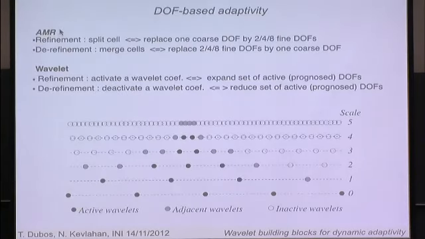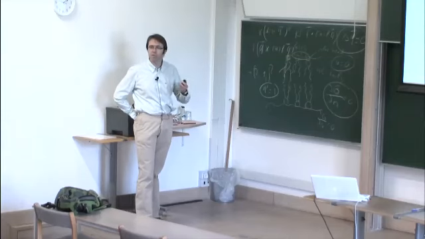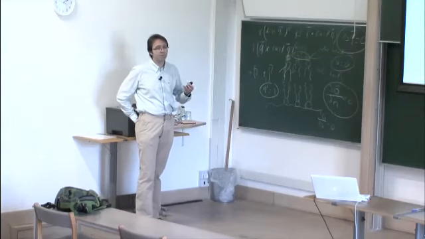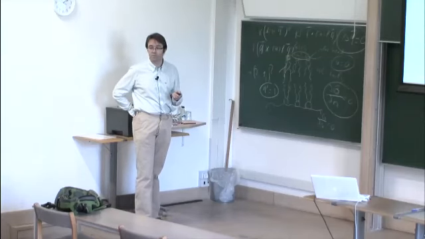So what do I mean by degree of freedom based adaptivity? Essentially I try to express the refinement and de-refinement procedures in terms of the degrees of freedom I'm prognosing, rather than in terms of grid cells.